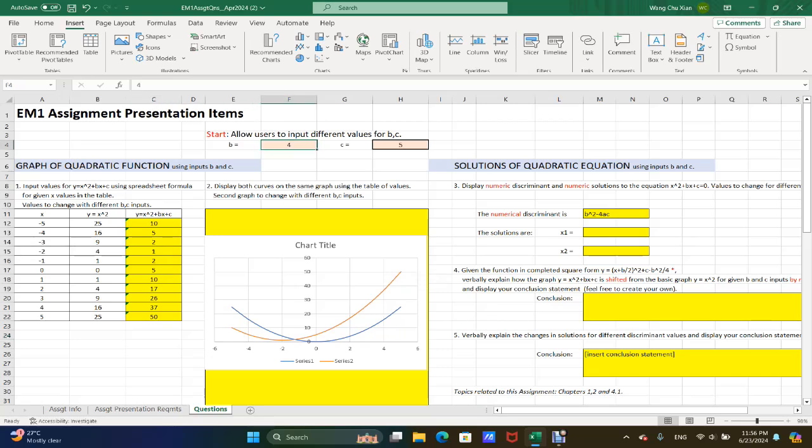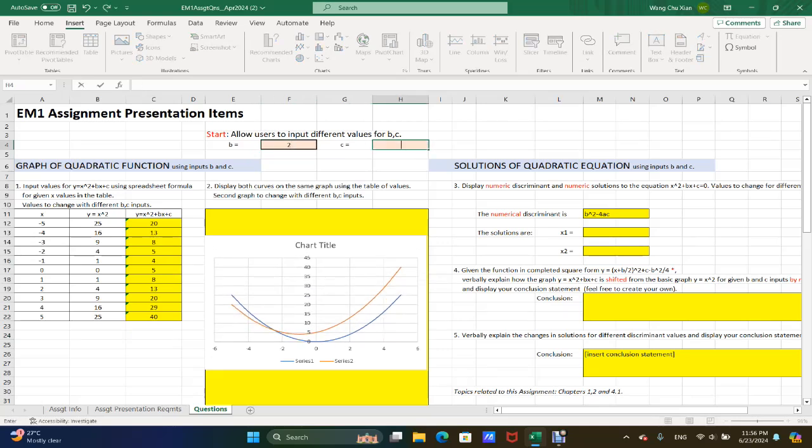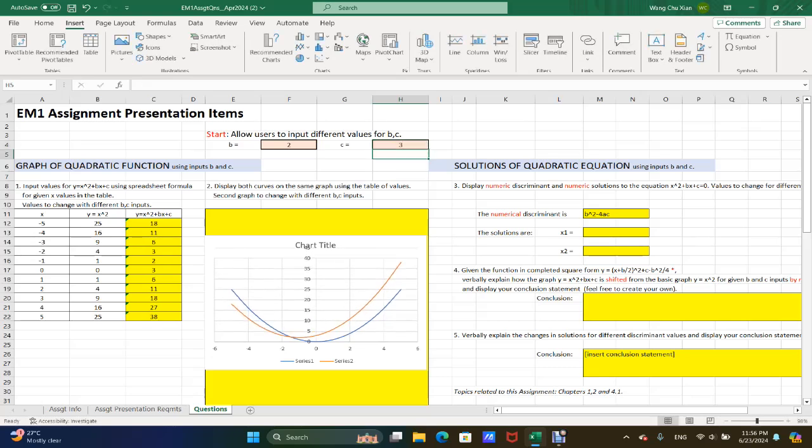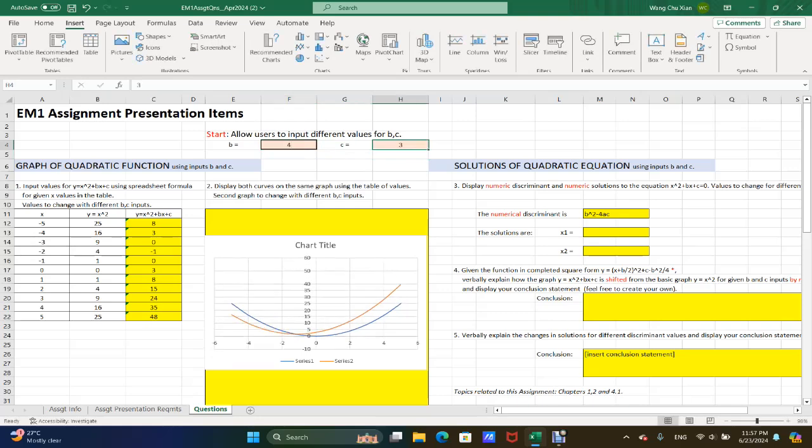For example, if I change 4 to 2 and 5 to 3 and press enter, the line of the graph actually changes, and the numbers over here also change. So let me get the numbers back. This is how the graph works in question 2 when both the curves are displayed.